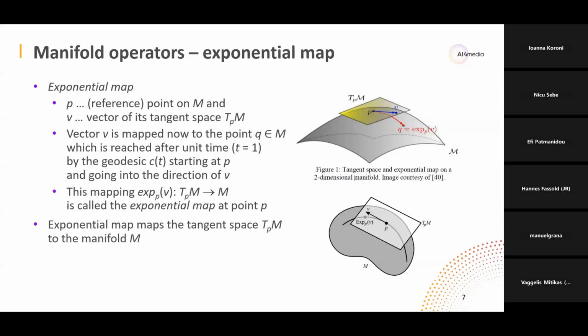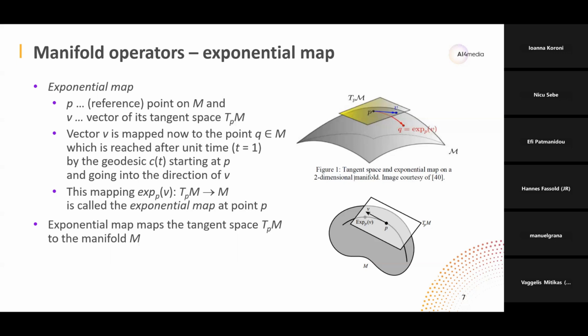Yeah, and then the vector V is now mapped to a point Q, which is now on the manifold, and to the point Q, which is reached after unit time, so t is 1, by the geodesic CT, which is starting at the reference point P, and which is going into the direction of the vector V on its tangent space.